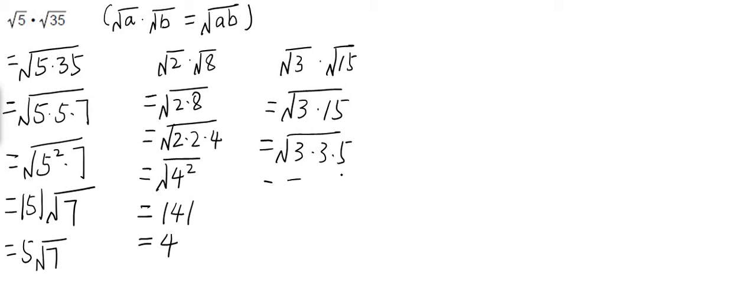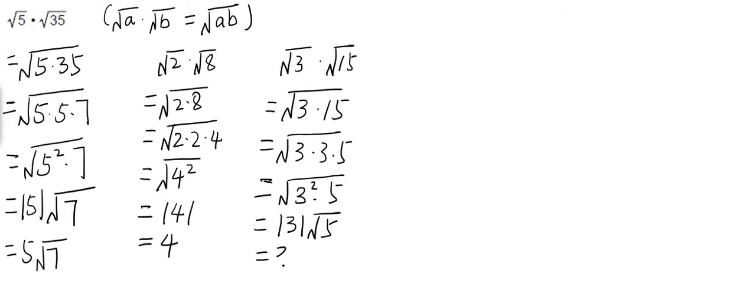We can easily find 3 squared times 5. Then we can use the formula, that is the absolute value of 3 times square root of 5. Absolute value always gives you a non-negative value, so that would be 3 times square root of 5.